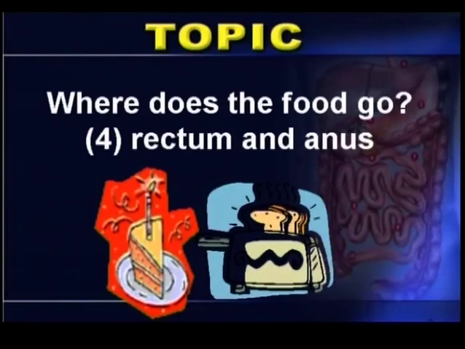Now, in today's lesson, we are on the topic, where does the food go? And we will look at it as part 4. We will specifically look at the rectum and the anus, right?